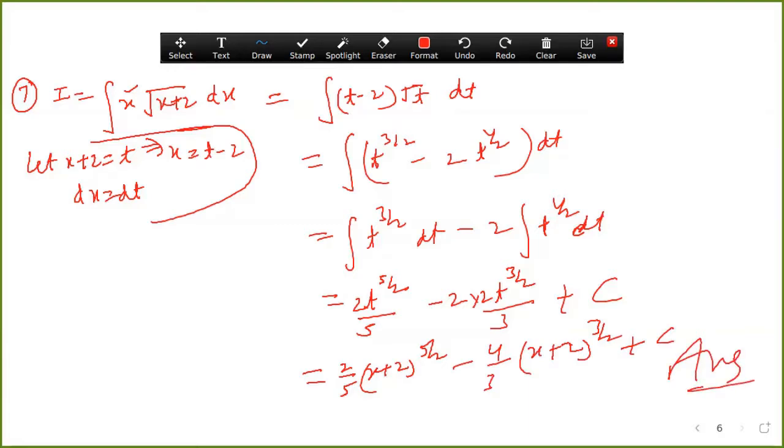Now come to question number 8. Integrate I is equal to the integration of the function x under the root 1 plus 2x squared. Now here I think I have to give hints to you for a few questions.